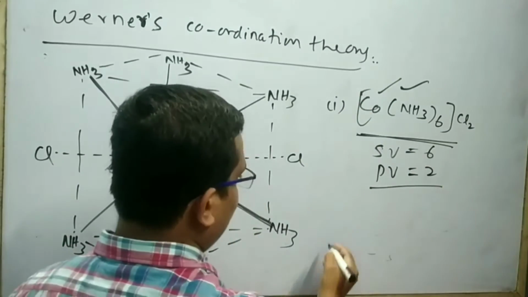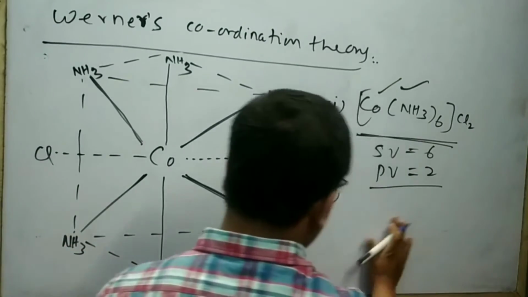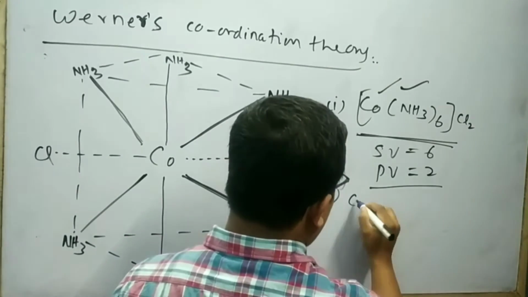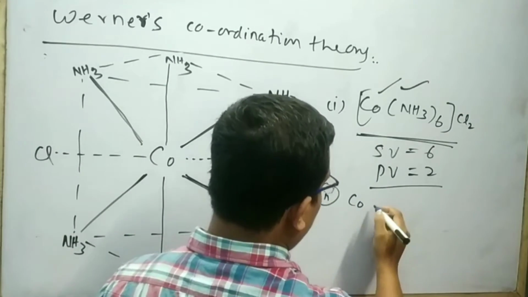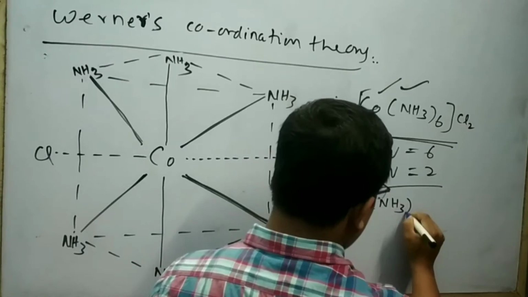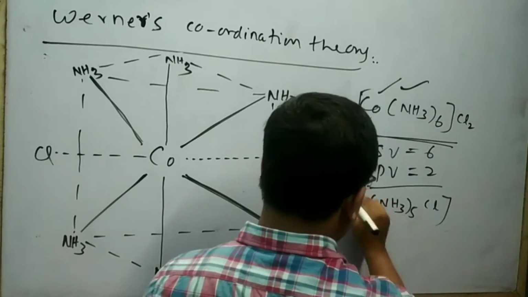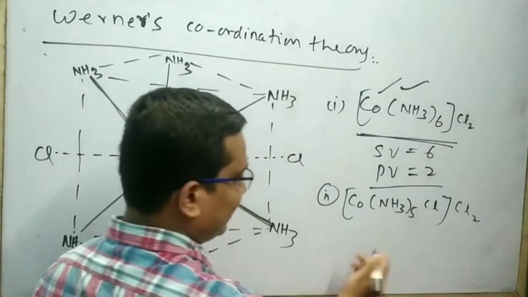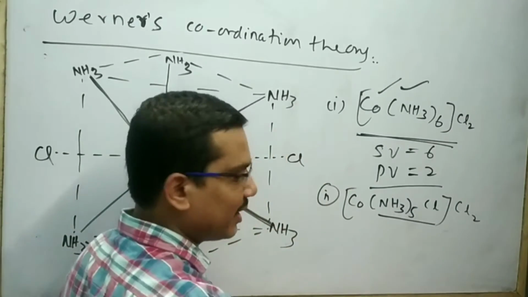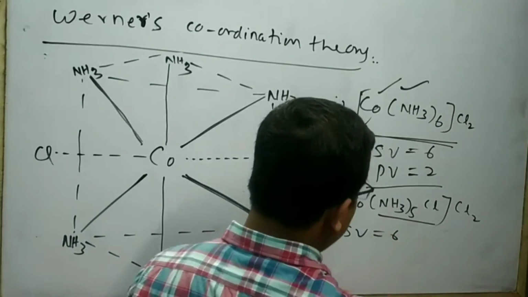This is compound number 1. Suppose I want to draw the structure of compound number 2, that is [Co(NH3)5Cl]Cl2. Here 6 ligands are present, so the secondary valency is 6.